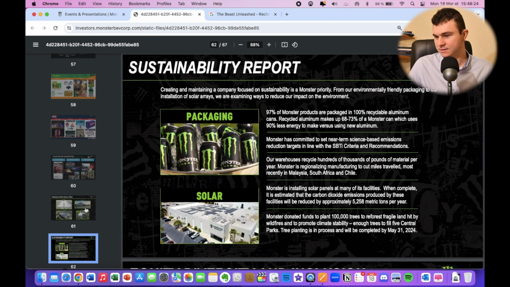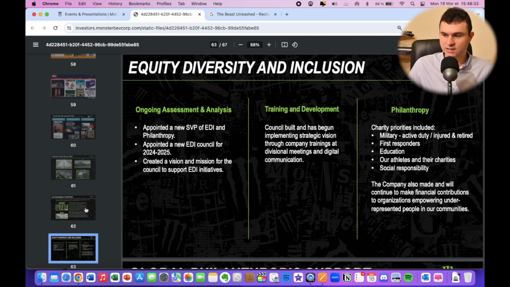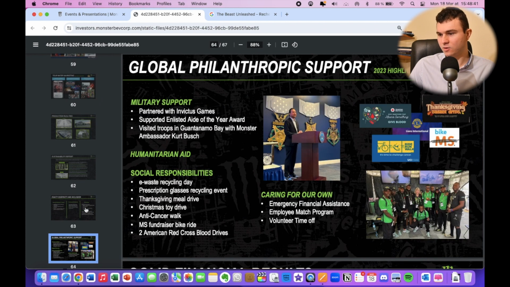Sustainability report, sustainably recyclable aluminum cans, equity, diversity, and inclusion. What do we have here? Council bill, charity priorities, okay, global philanthropy support.